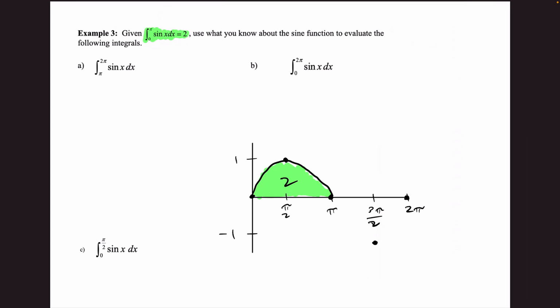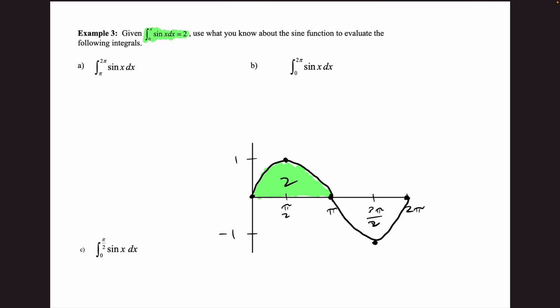But we know that sine keeps going. Okay, so we're going to leave it like that. So far that's the given part. The area of the green is positive 2.